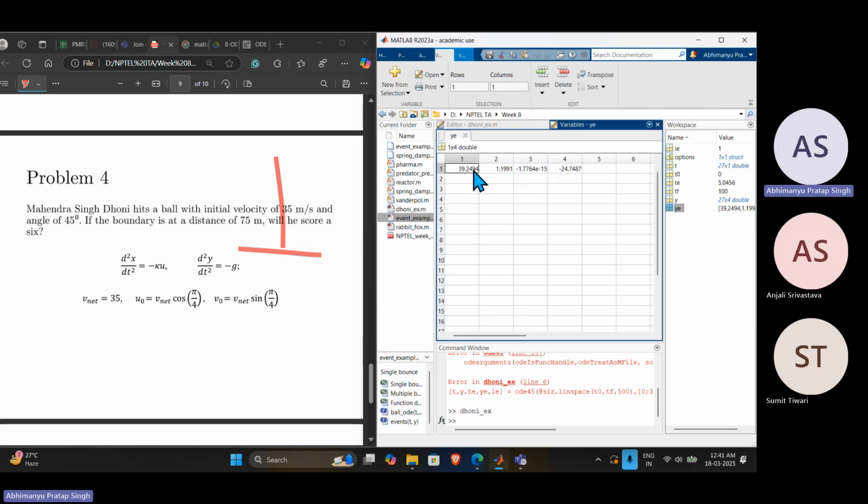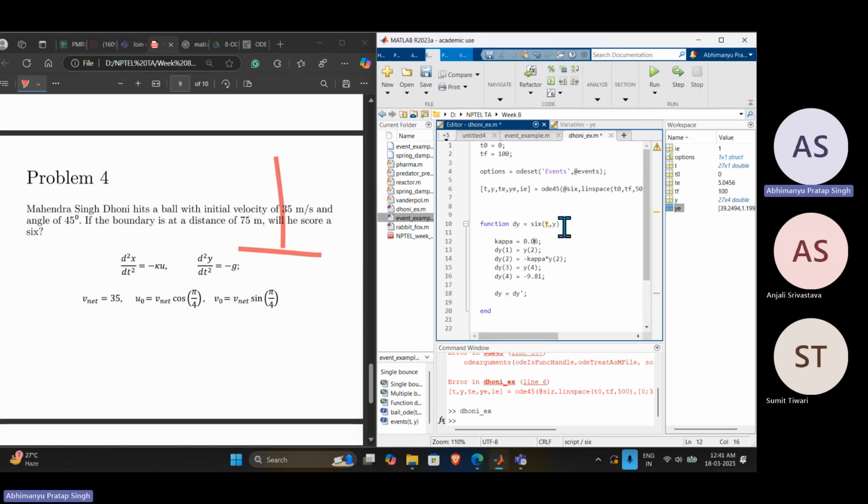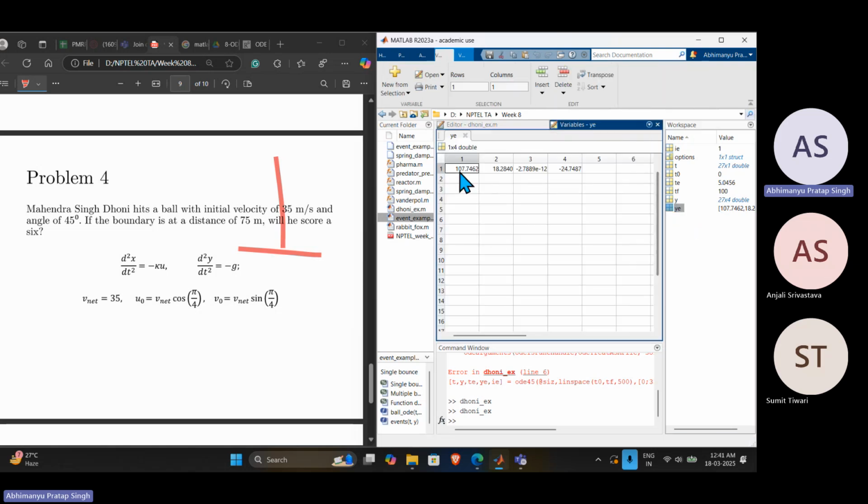So probably for this kappa value, he will not be able to hit a 6. I don't know what value the professor took in the video lecture, but let us try some small kappa value. If I change my kappa value to 0.06, now my ye value is 100.74. That is my x value, this is my velocity in x direction, this is my y value, and this is my velocity in y direction.